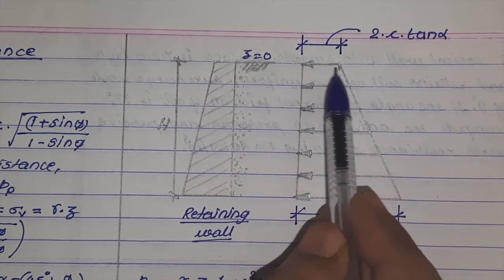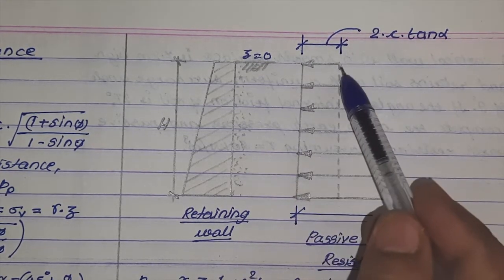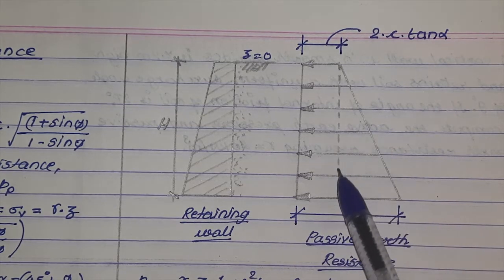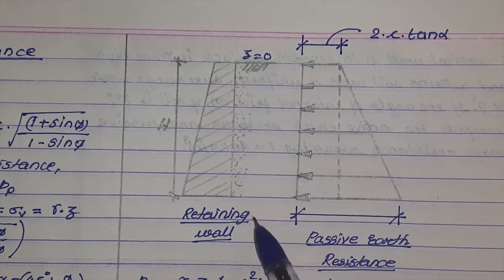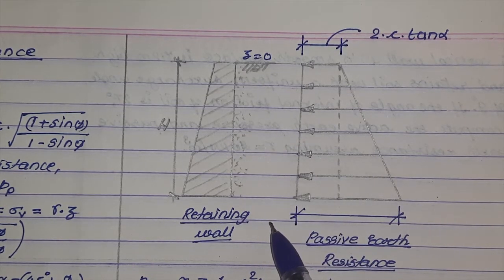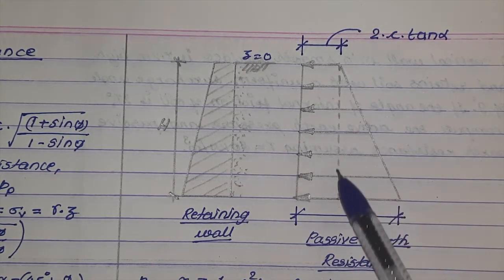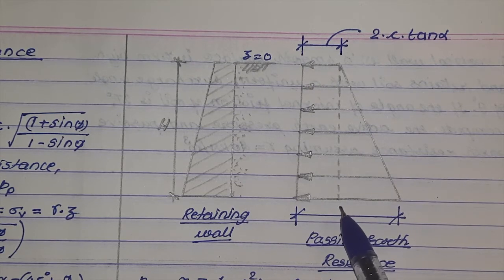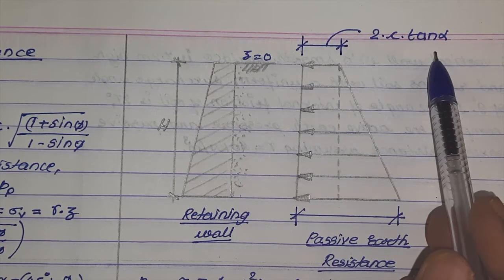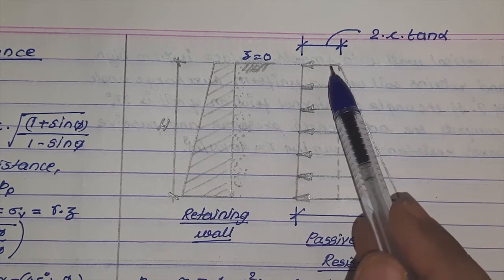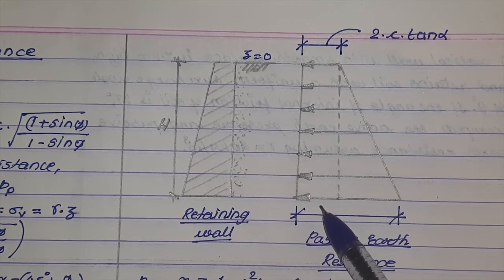And hereafter, this 2c tan alpha will behave as a surcharge. Hence, its quantity is going to be constant along the depth of the wall or backfill. Therefore, this dotted line has been shown. Also, this 2c tan alpha is independent of z. Hence, it will be constant along the depth of the wall.